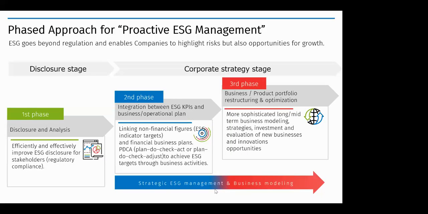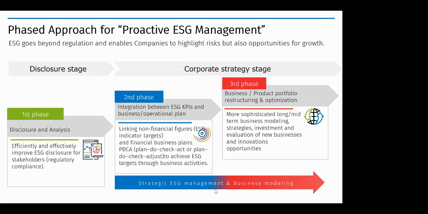The way we do that is by doing a three-phased approach. The first phase is basically a very simple one. We provide a tool that allows companies to capture their information and allows them to meet their regulatory compliance. Now, companies can stop there, but they're missing a huge opportunity. I used to work for IBM, and our CEO, Ginni Rometty, said that data is the new gold, right?